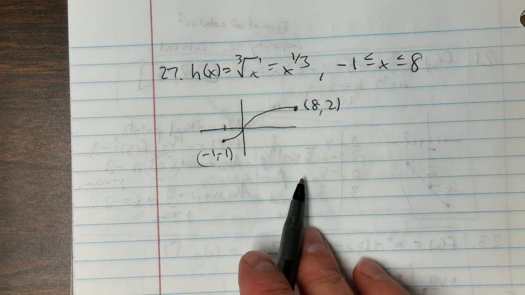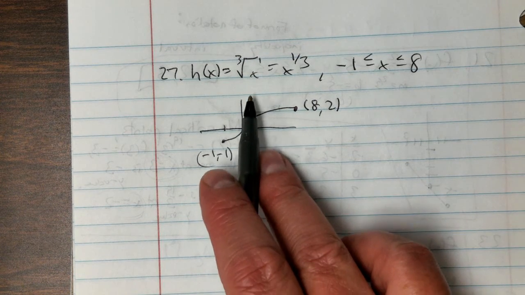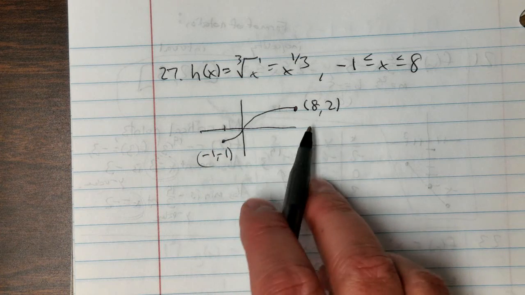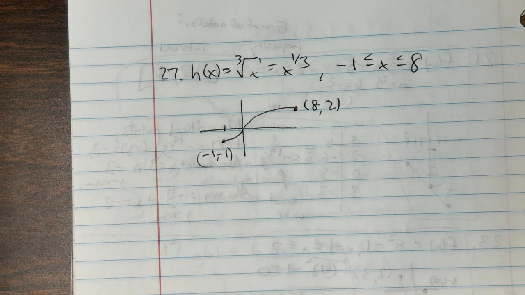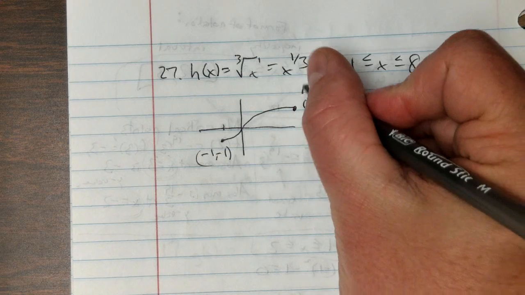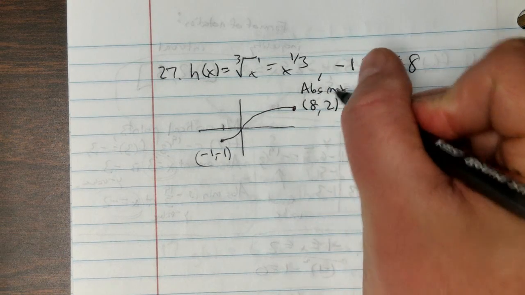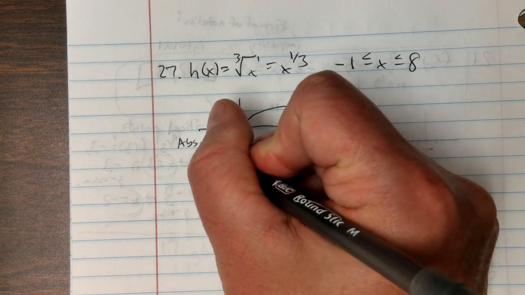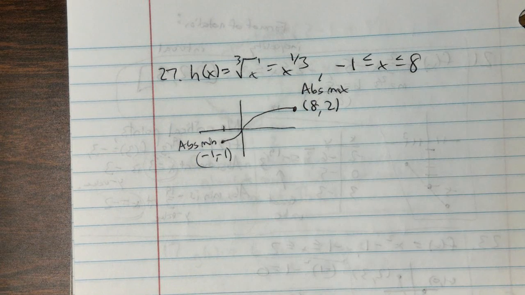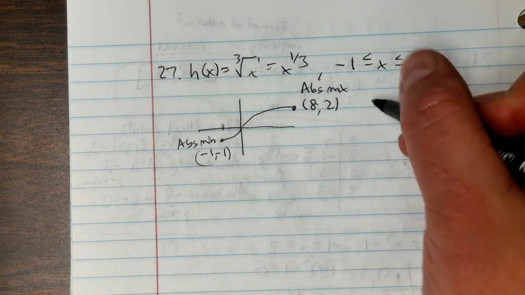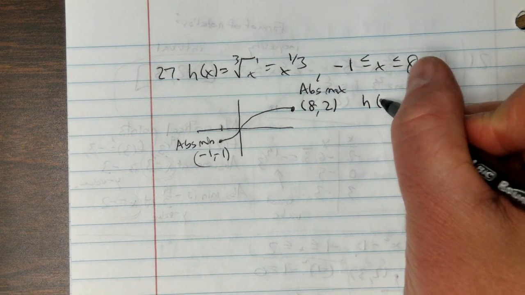And y'all already know how to do this on your calculator. Just look in your table or plug in your values. So this is going to be your absolute max. This is your absolute min. So then as far as our description, well, we need to do our derivative first.